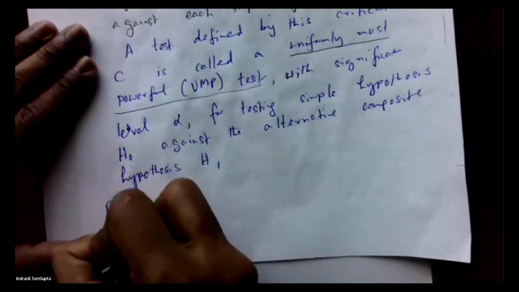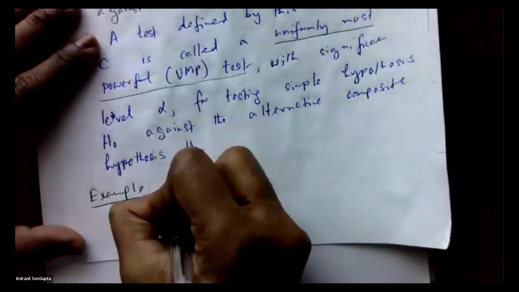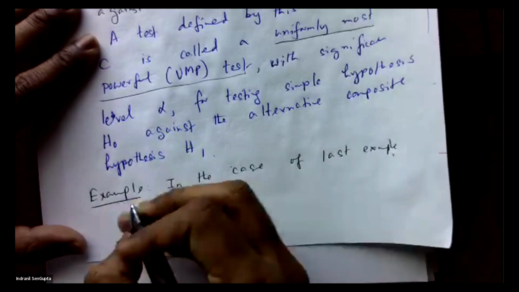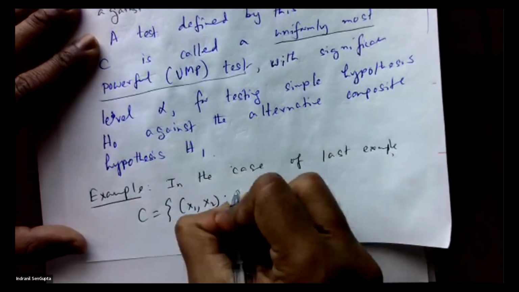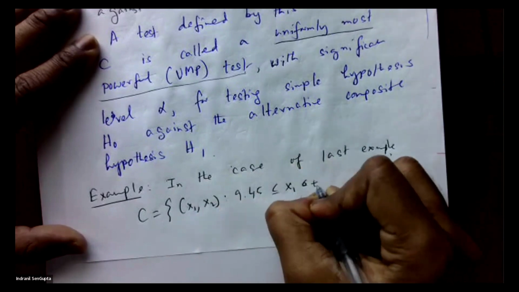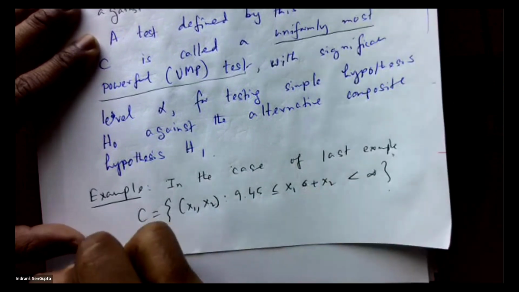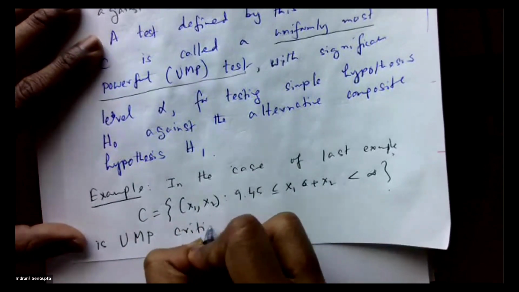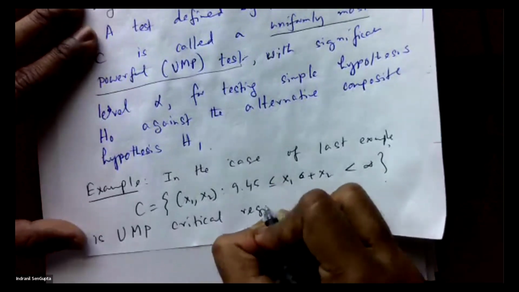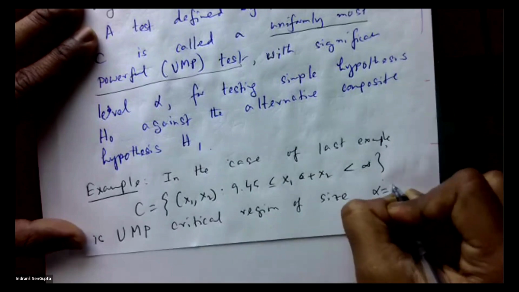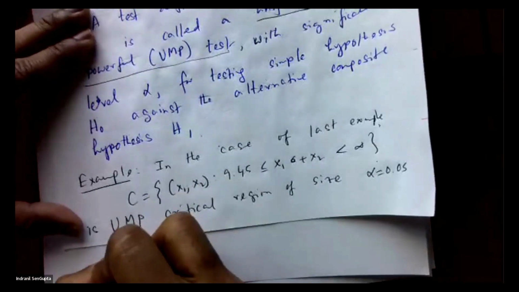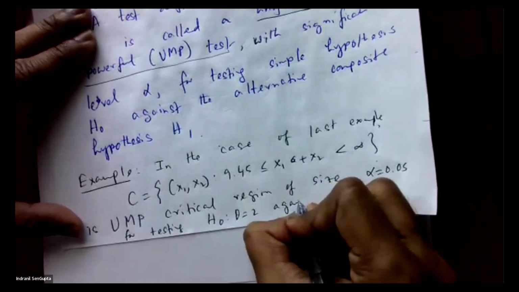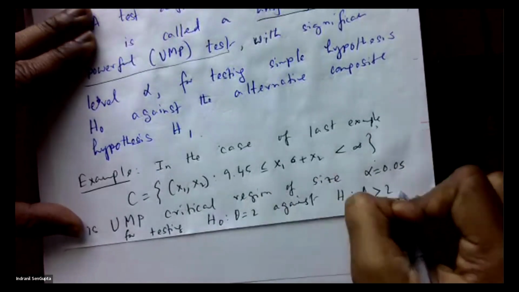For the first example, in the case of the last example, the C, which is the set of (x1, x2) such that 9.45 is less than x1 plus x2, is the uniformly most powerful critical region of size alpha equals 0.05 for testing H0, which is theta equals 2, against H1, which is theta bigger than 2.